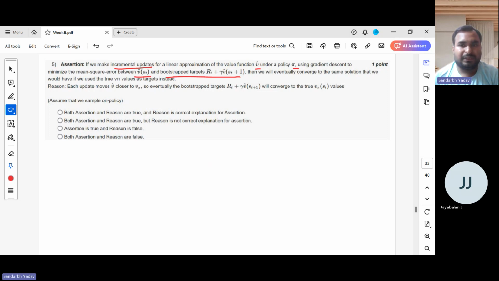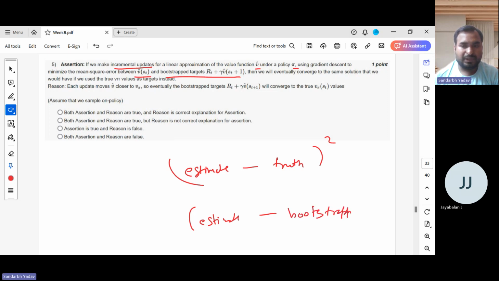Then we will eventually converge to the same solution that we would have if we had used the true v pi values as target instead. So basically they are saying, we are using some estimated minus truth. This is one option. You can solve this problem or estimate the value function using some bootstrap targets.